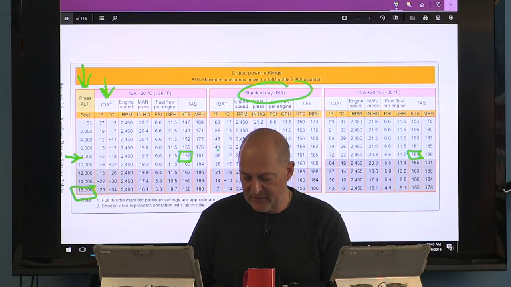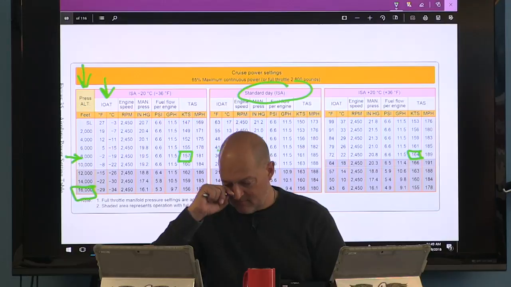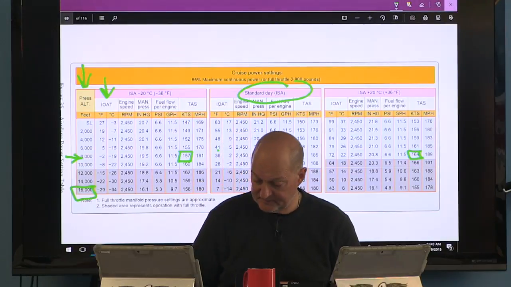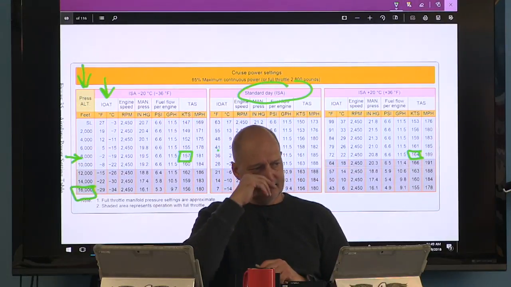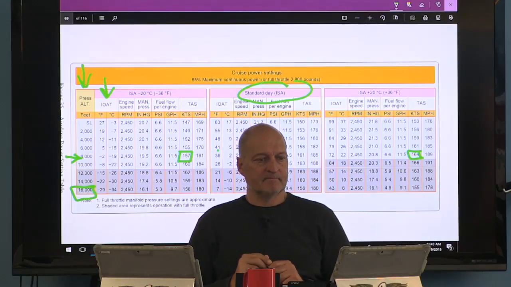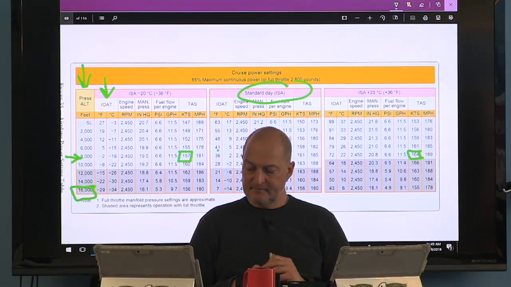So what true airspeed should a pilot expect at 10,500 feet with a temperature above standard? I'm going to let you work on this a little bit.